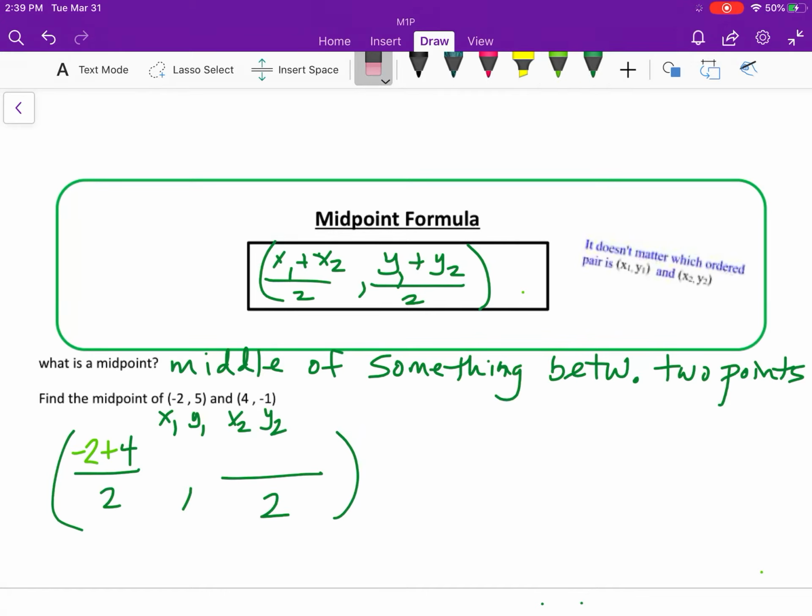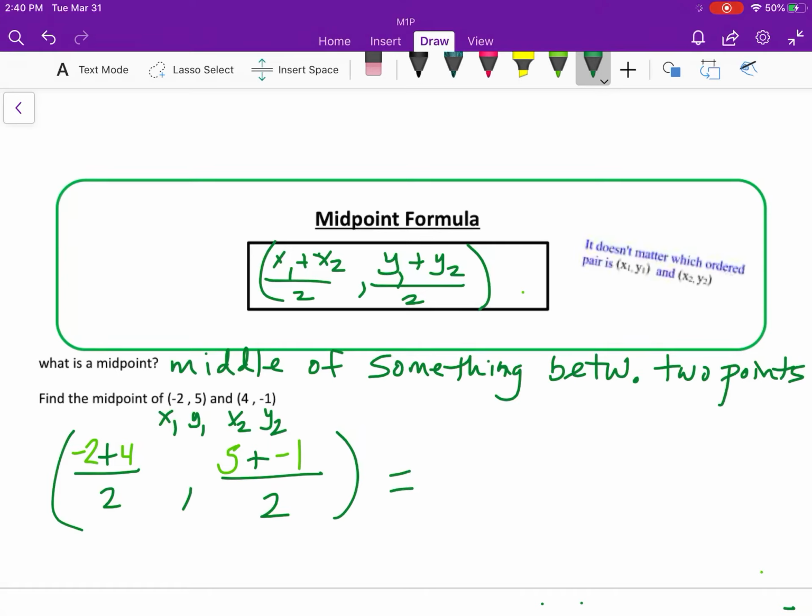Sorry, I got a glare, and my ink isn't changing properly. Try that again, and now x2 is 4. And then y1 plus y2, y1 is 5, plus y2 is -1. And now I filled it in, and now I just answer it.